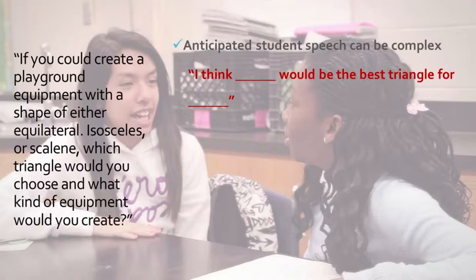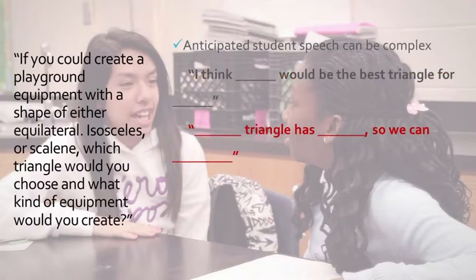Maybe a student says something like this. I think scalene triangle would be the best shape for making a slide. Yeah, scalene triangle has 3 sides of different length, so we can get up to the top of the slide with the shortest side and slide down on the slope on the longest side or the longer side.